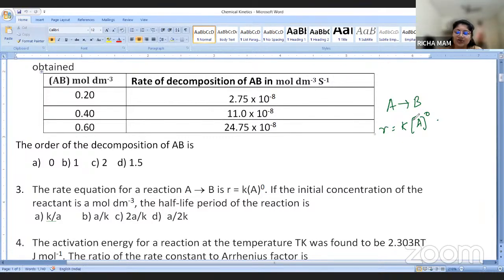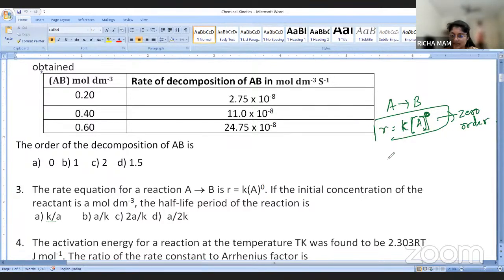This is the rate equation for zero order: rate constant k into concentration of A raised to 0. So this rate equation represents a zero order reaction.